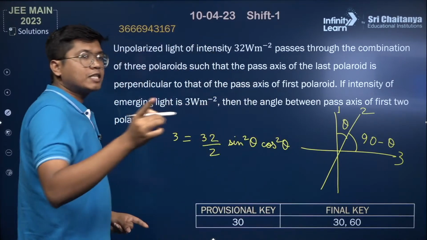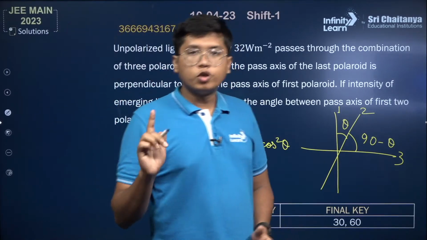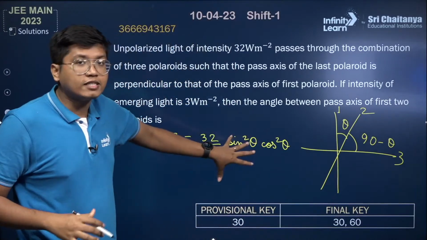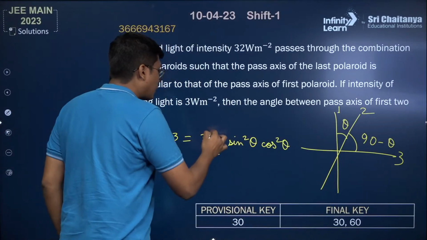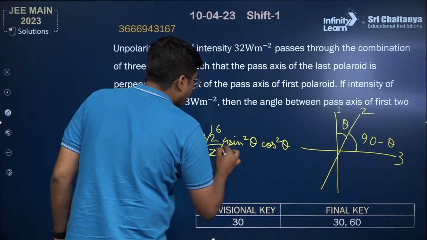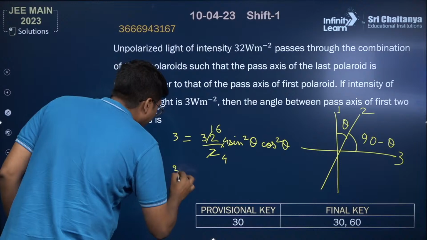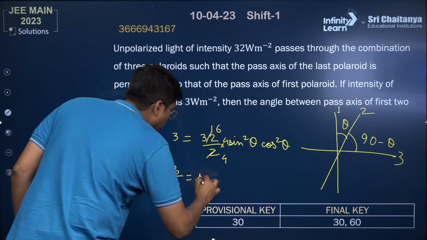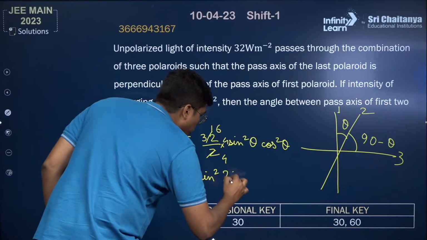If you see those memory based paper discussion or our power up series, you will see that we had arrived at this relation where once we cancelled out, we had 16. We took a divided by 4 and a multiplied by 4 here. That made 3 by 4 equal to sine square 2 theta.